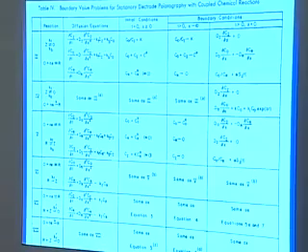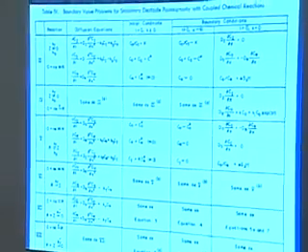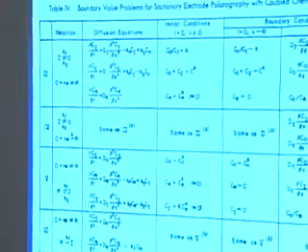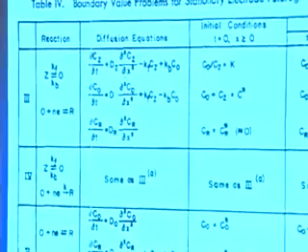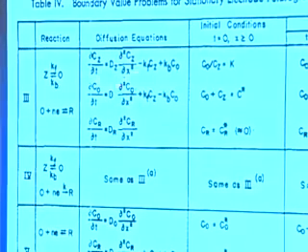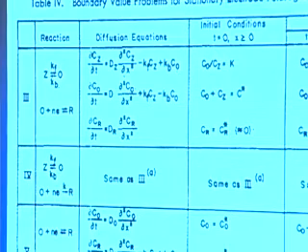So what do they do? First they write down all the mechanisms that they believe are important. The next thing they do is they write down the appropriate Fick's second law format. So you'll notice, for example, we not only have our standard diffusion term there, but since we have a chemical component, we have some kinetic terms in there for this particular one. They do it for the oxidized, they do it for the reduced, and if there's another species, a Z species, they write it out for that.